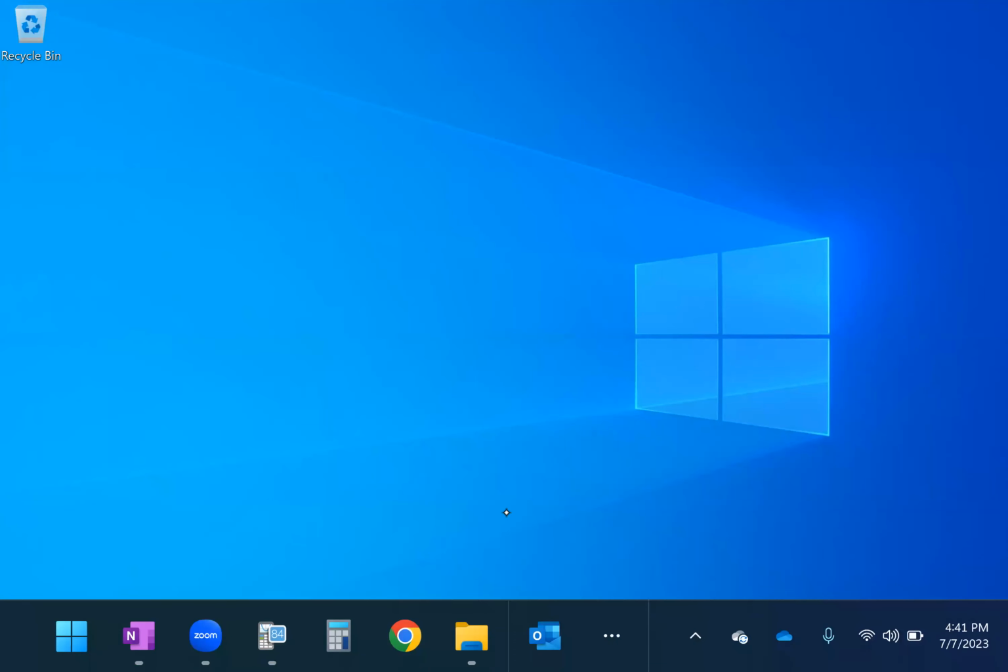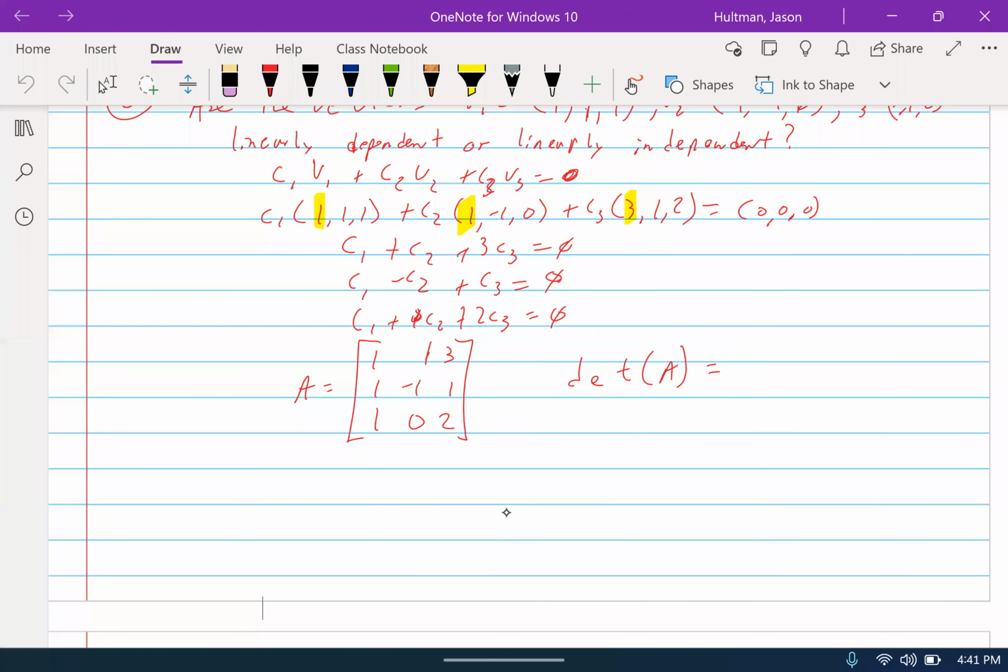Oops, sorry about that. Okay, so the determinant is equal to 0, which means the vectors are linearly dependent.